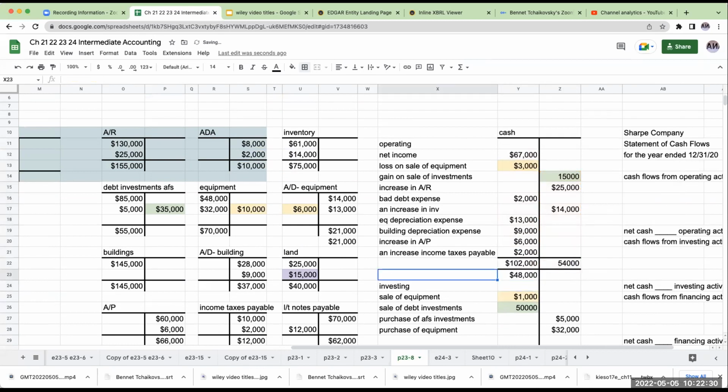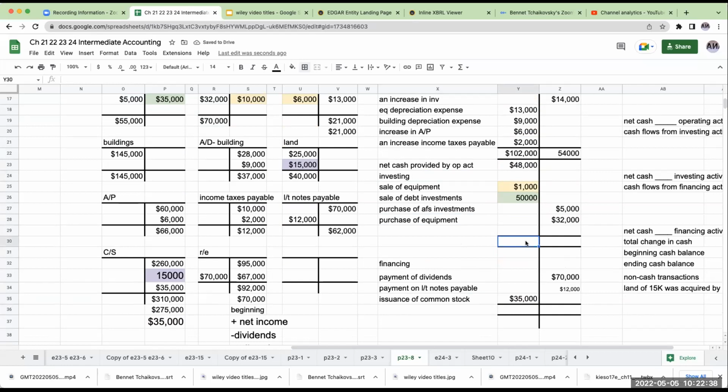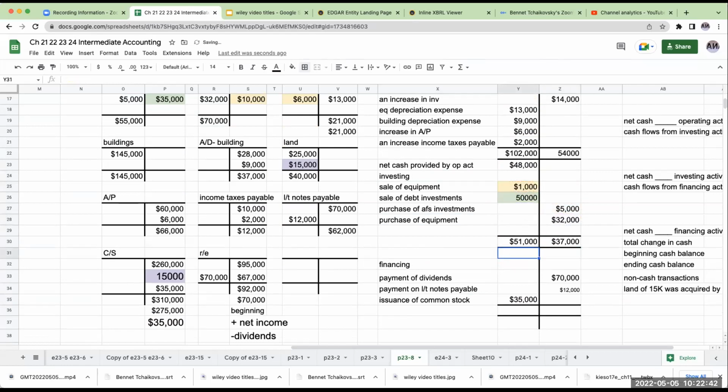Okay, so right over here, my net cash provided by operating activities is 48. My net cash provided by investing activities is 14.